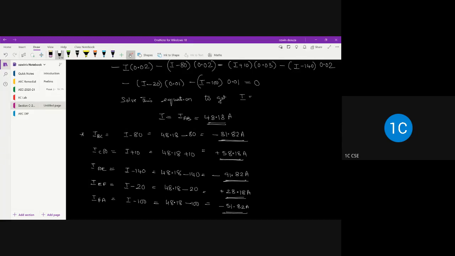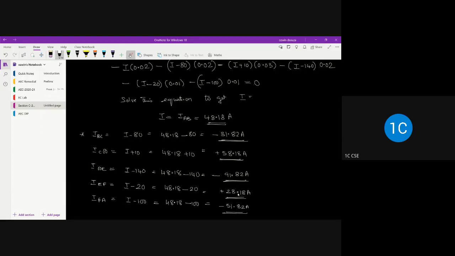Now, some currents are positive, some currents are negative, right? The negative current simply means that the assumed direction is opposite to that of the actual current flow. So don't worry about the direction, because we cannot guess the direction with 100% accuracy. That's the reason the law itself states the algebraic sum of currents.